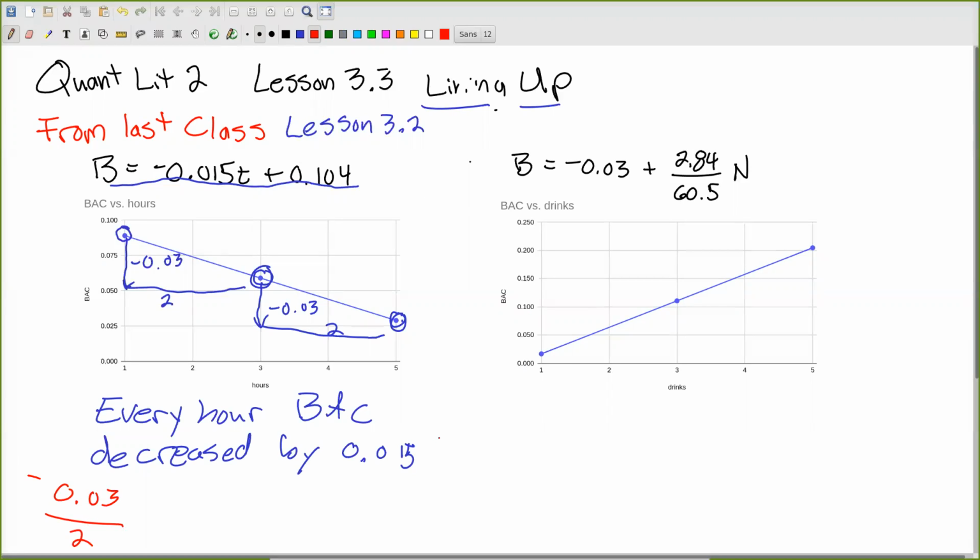So the meaning of that number is there's a drop of 0.015% per hour. And let's highlight that a little bit.